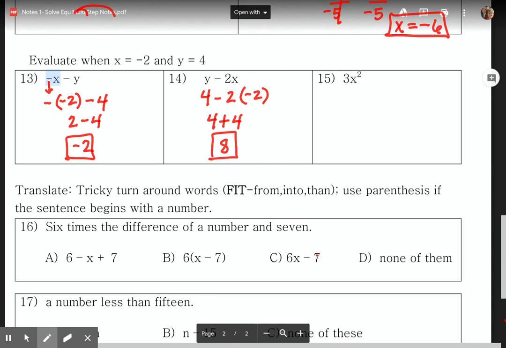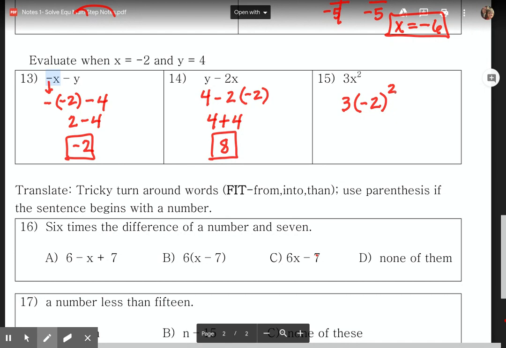All right, let's take a look at number 15. Here we have an exponent. So let's bring our 3 down, and I'm going to substitute negative 2 in place of x, and then that's going to be squared. Now we need to do our exponents first. I know that P is parentheses, but there's only that number negative 2 inside the parentheses.